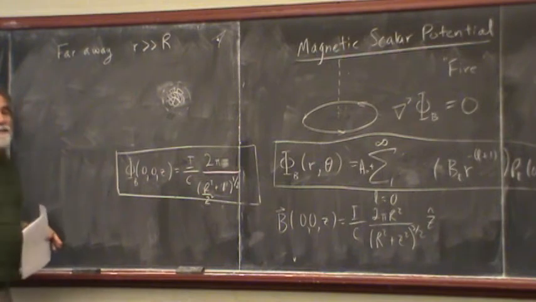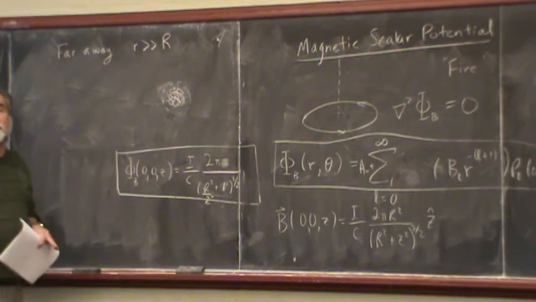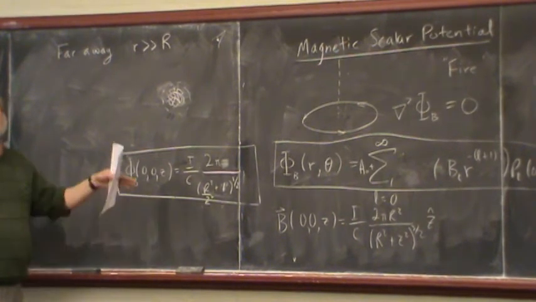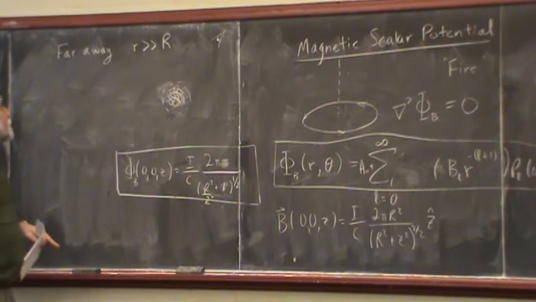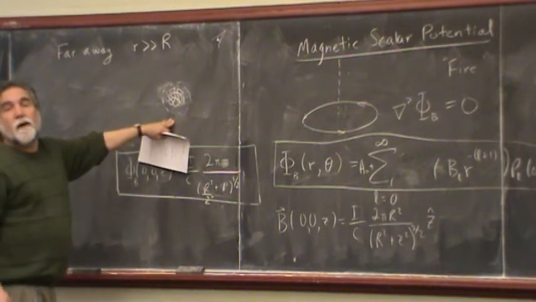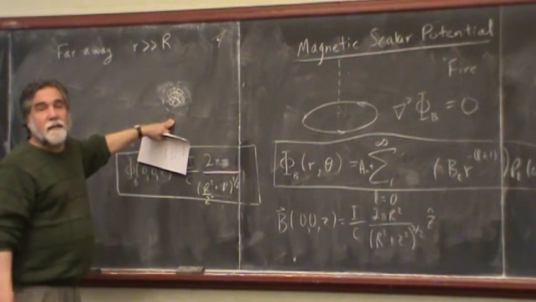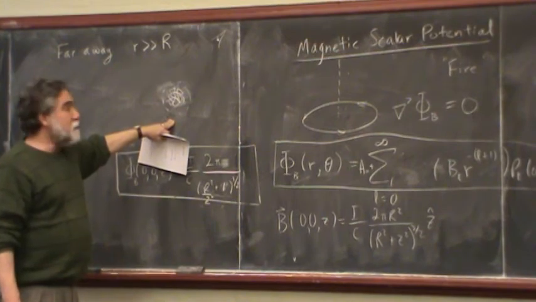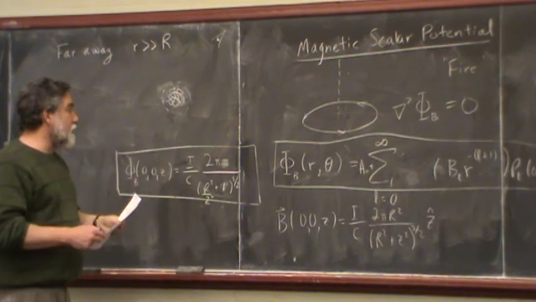I'm going to actually exclude the possibility of a monopole at this point, but the arithmetic doesn't say anything about excluding monopoles. They could be there. But the lowest order physical quantity that we know of right now would be the dipole.